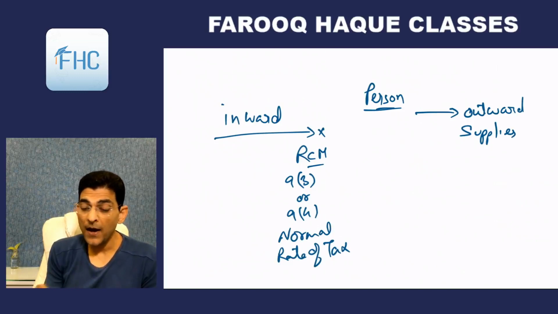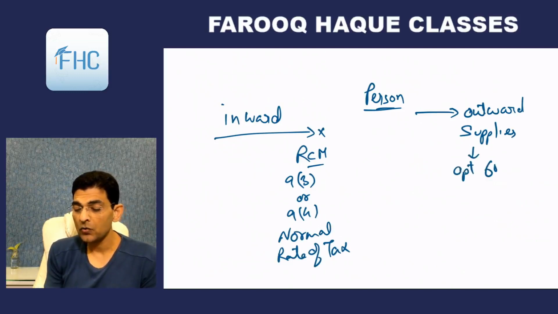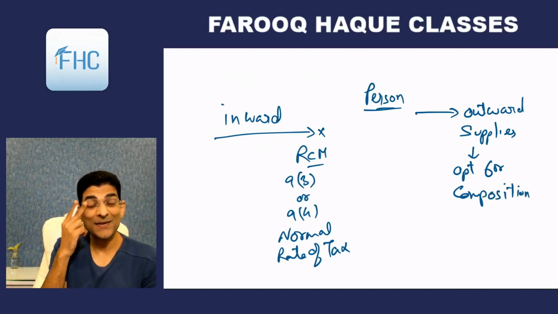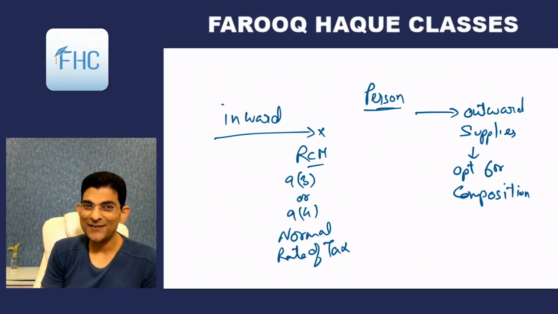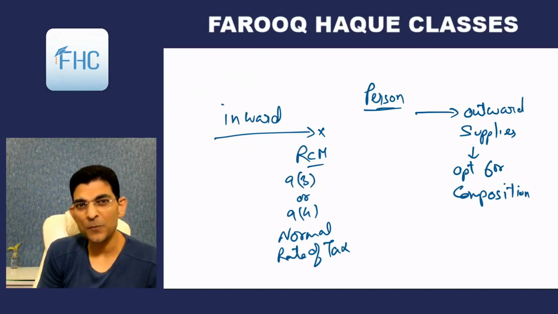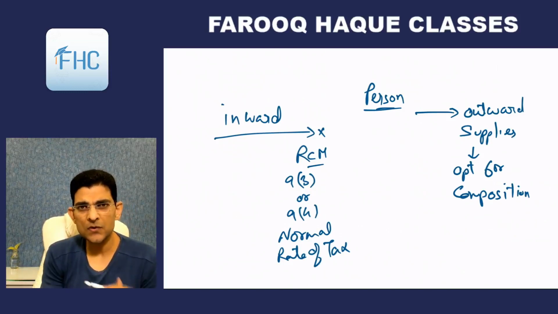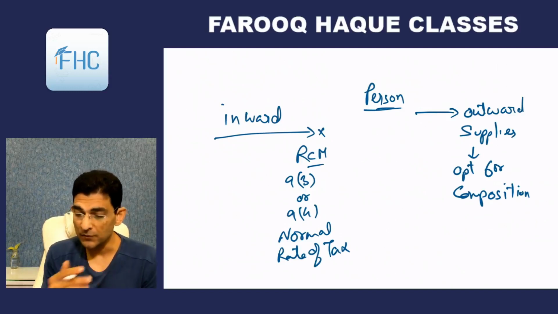Okay, and on your outward supply you can opt for composition. Now I have used the new word opt. So that means that composition scheme is optional, right? It is not compulsory, it is optional. If you want to pay on normal method, you can pay on the normal method under section 9(1) by taking ITC and all. Okay, so this is your choice, not compulsion.